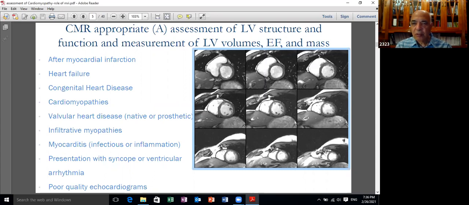You can also calculate the mass by subtracting the epicardial volume from the endocardial volume and multiplying by the specific gravity of the myocardium. Of course, that's variable in all the conditions listed on the left side of the screen, including myocardial infarction, heart failure, congenital heart disease, and other situations like that. So this is the reason why CMR is considered the gold standard in estimating volumes and mass.